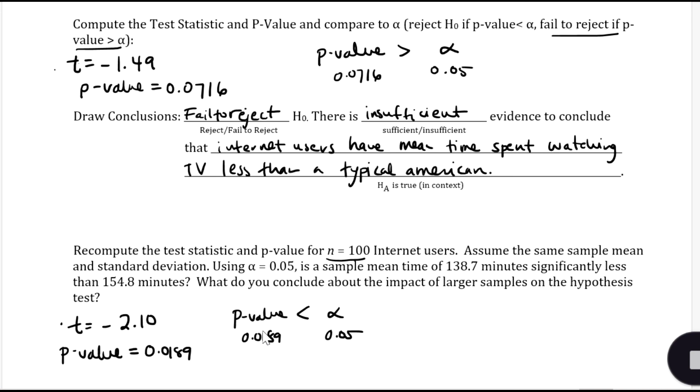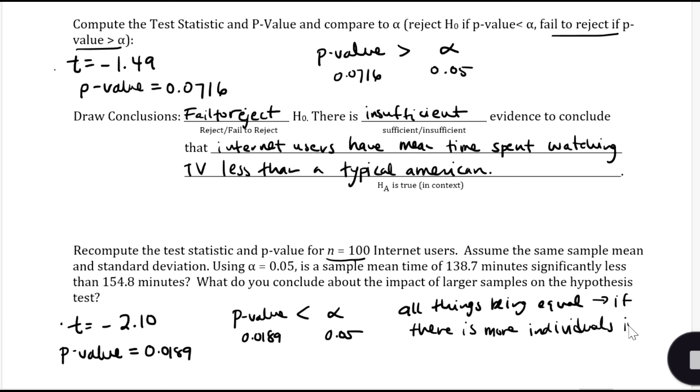So what we conclude is that, all things being equal, like our sample mean and our sample standard deviation, if there are more individuals in a sample, the p-value decreases.